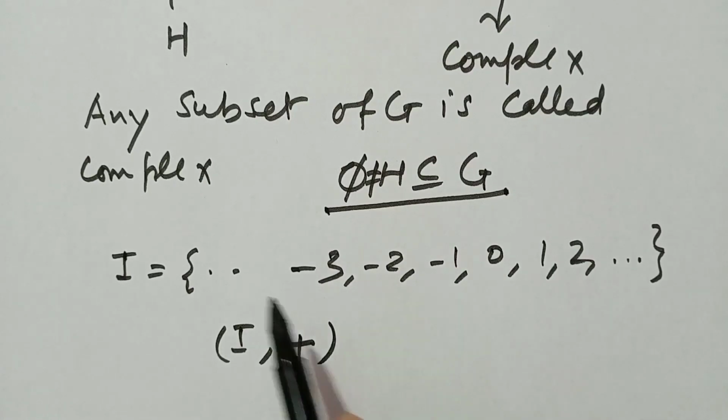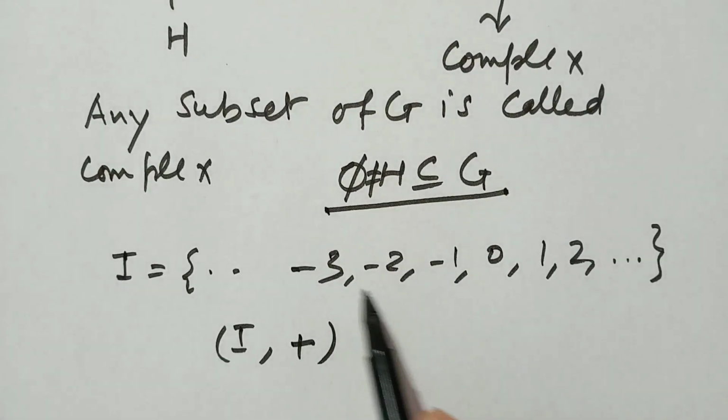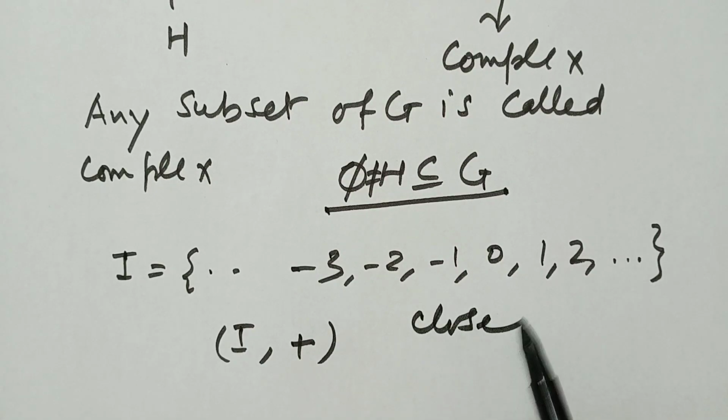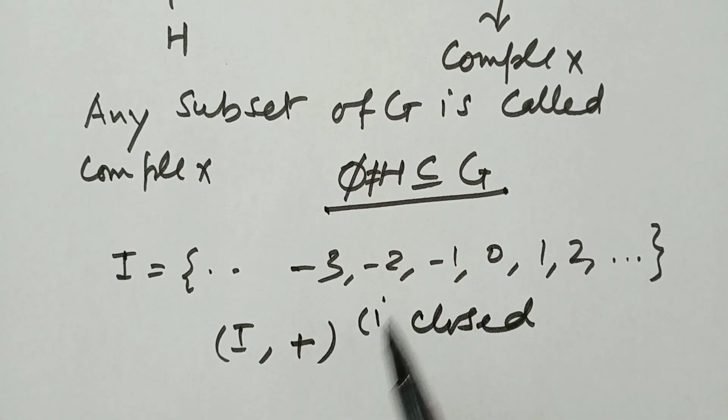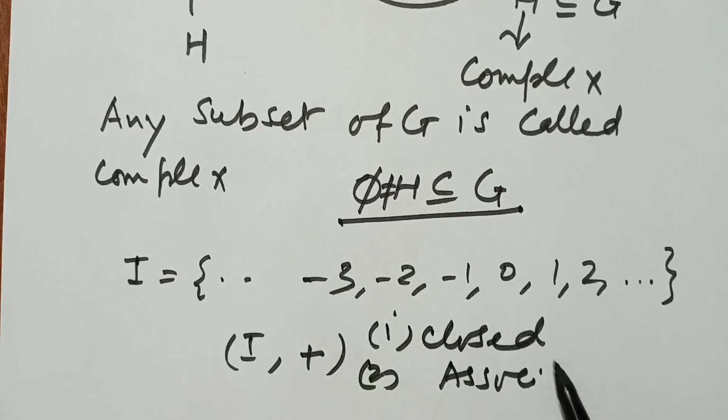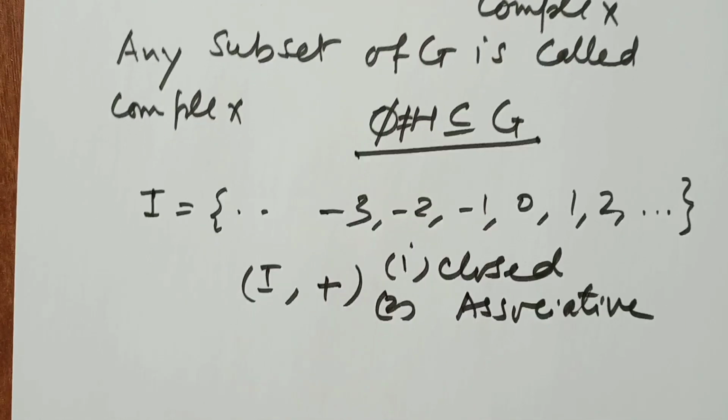This is closed: for any two elements we add, we get an element again in I, so the closure law is satisfied. Second is associative. Associative means for any three elements of I, (A plus B) plus C is equal to A plus (B plus C).